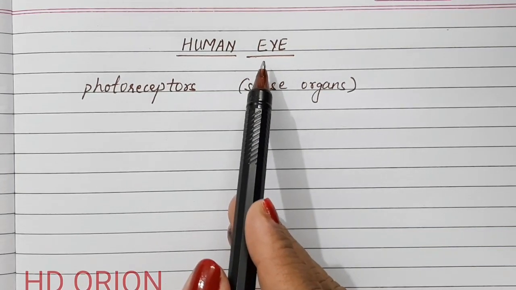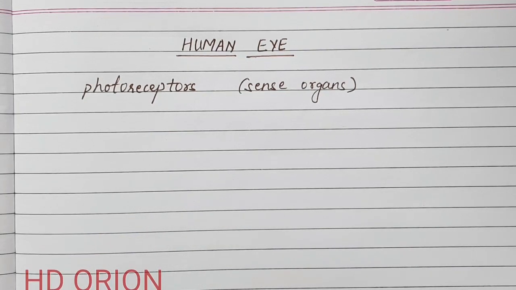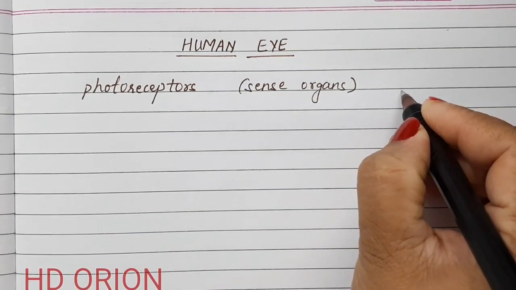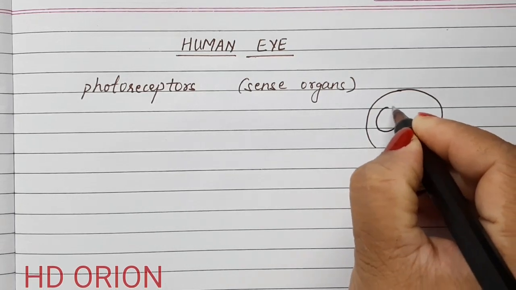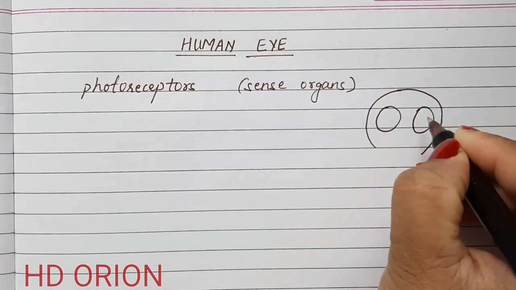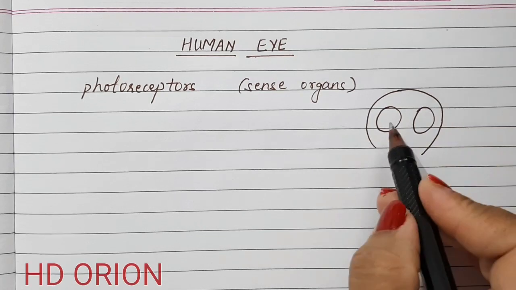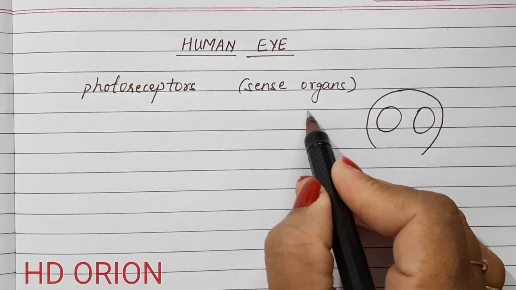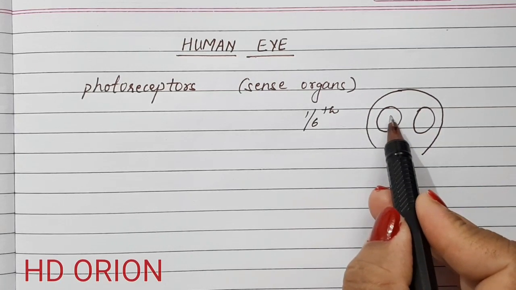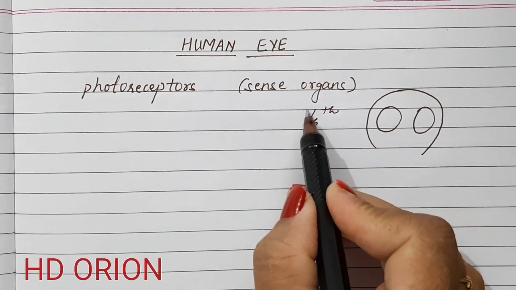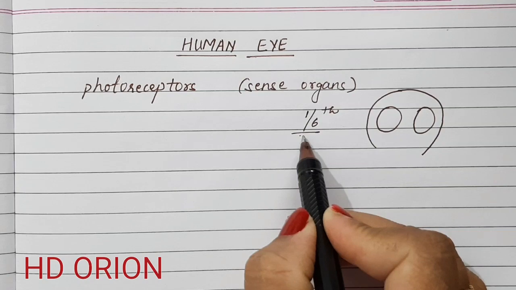The human eye is present in the skull, in the face I told, and in the skull. If this is the skull region, there are two orbits that are present. The orbits are quite large, but the eye which is exposed is just 1/6 of the entire human eye. So the human eye is quite large, but what we see in the face is just 1/6.